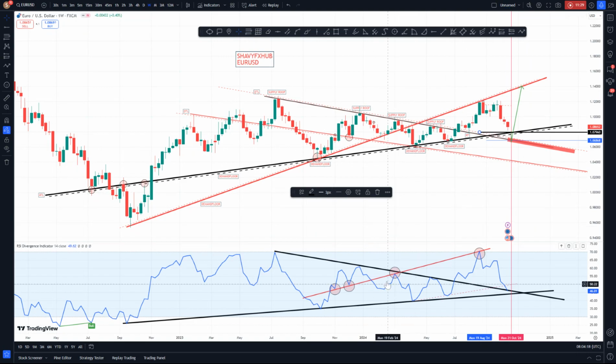At 1.07960, there might be a reaction at that level. But to be very precautious, patience is part of the character, and that makes the winning strategy.